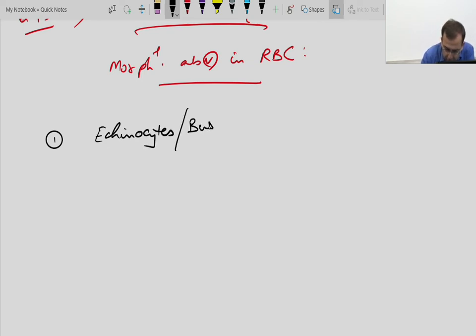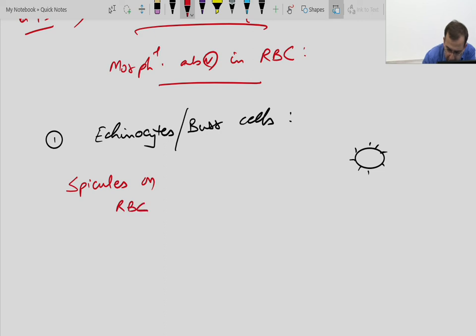or Burr cells. It shows spicules on the RBC surface, which are of equal size and are equally spaced.